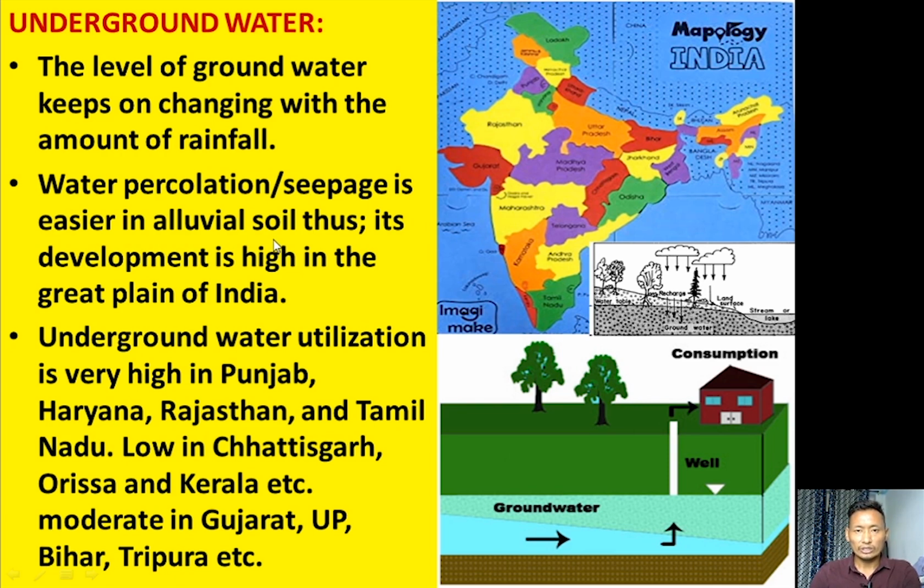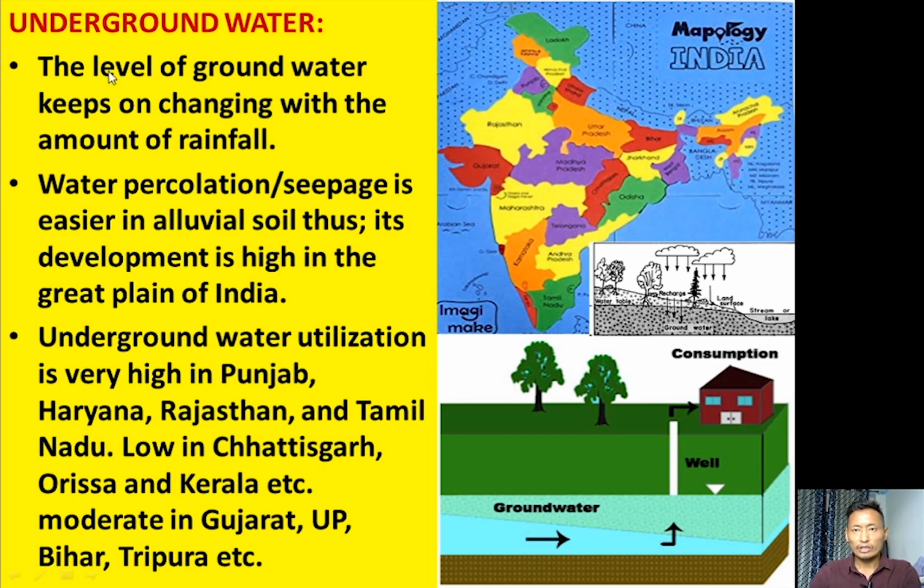In India, we mostly have black and red soil, but in this region we have alluvial soil. Alluvial soil is soft soil, so water seepage or percolation is much easier in these regions. Because of that, we have more groundwater in these regions, and development is high in the Great Plains of India.